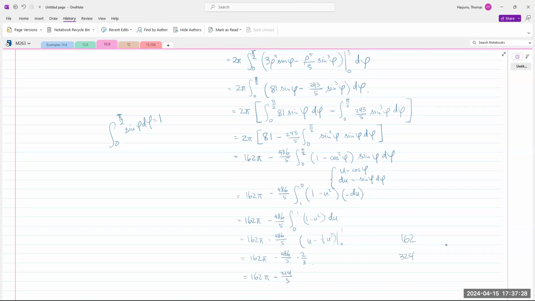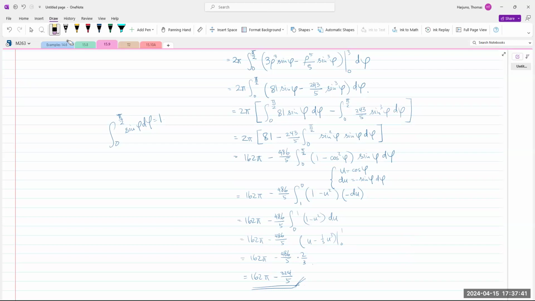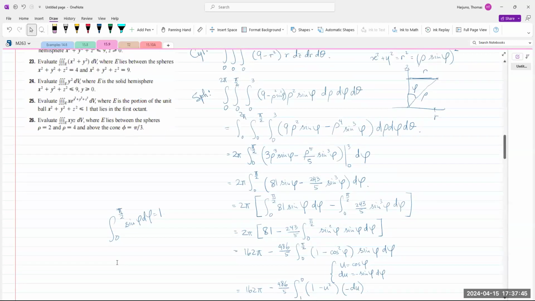So 324 over 5. But again, that's just computation, which I do expect you to be able to do yourself.